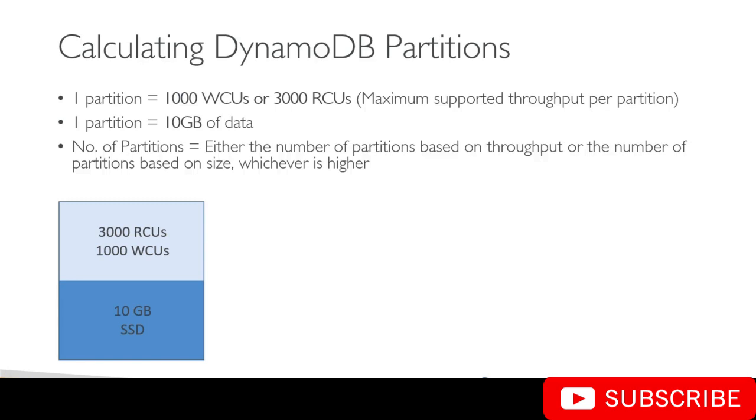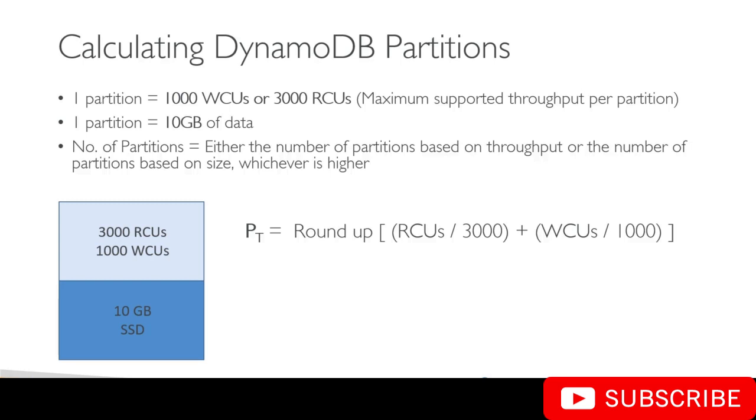So a simple formula for calculating the number of partitions would be something like this. PT stands for partitions based on throughput. So you simply divide the RCUs by 3000 and WCUs by 1000, total it up, and round it up to get the number of partitions based on throughput.